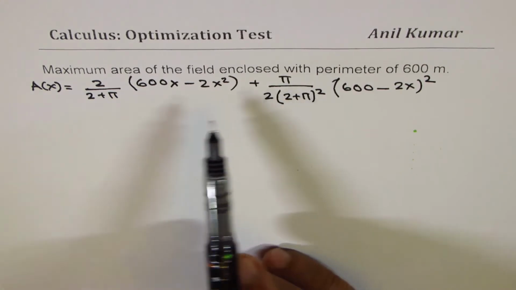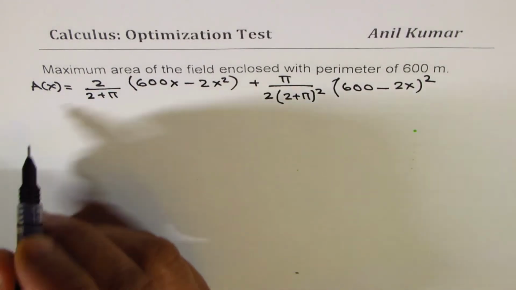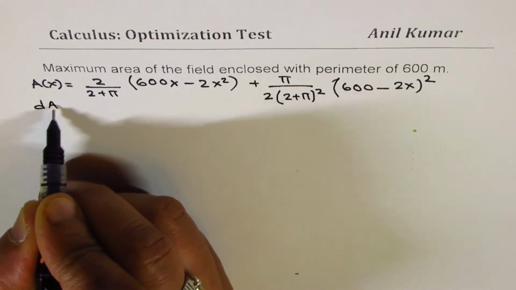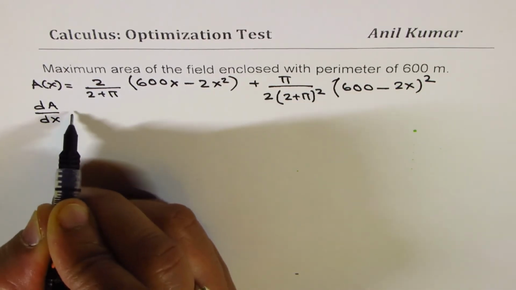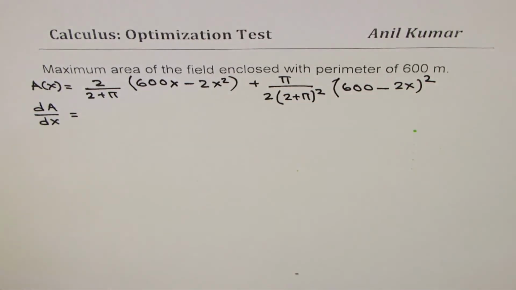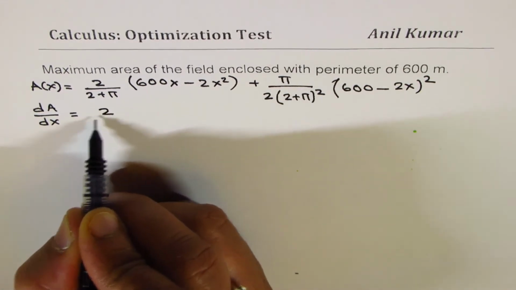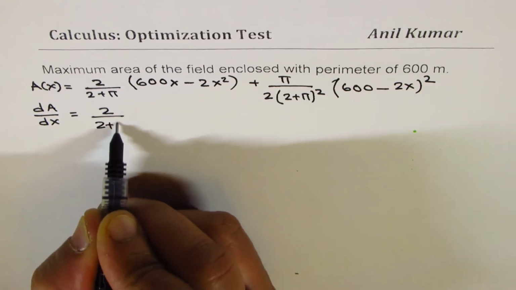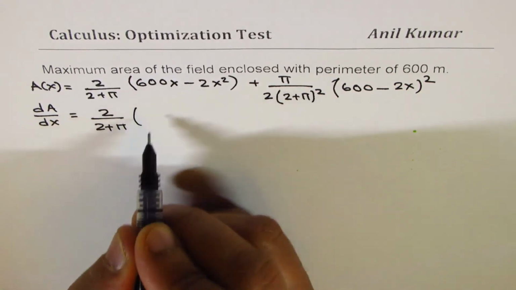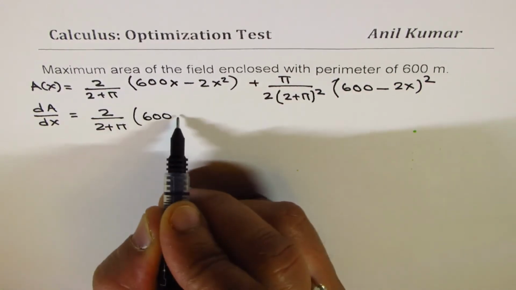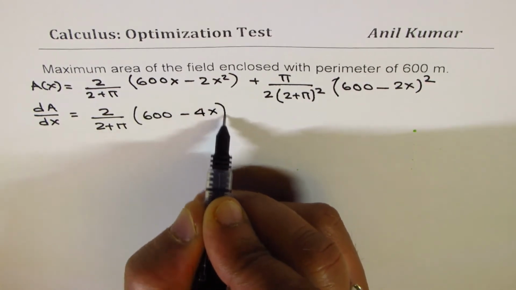Now we can find the derivative with respect to x. So we get dA/dx as equal to, the first term is constant, which is 2 over 2 plus pi. The derivative of this term is 600 minus 4x.